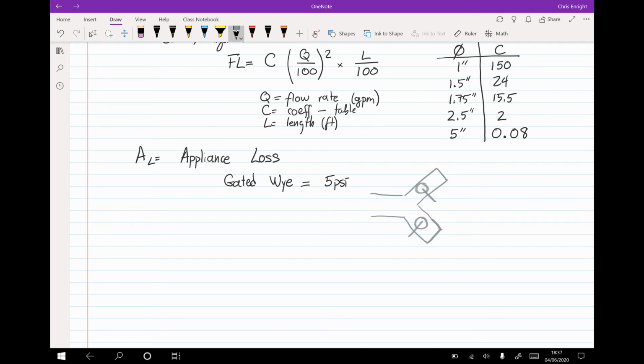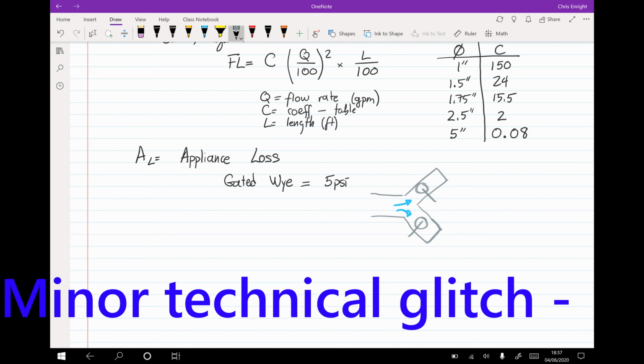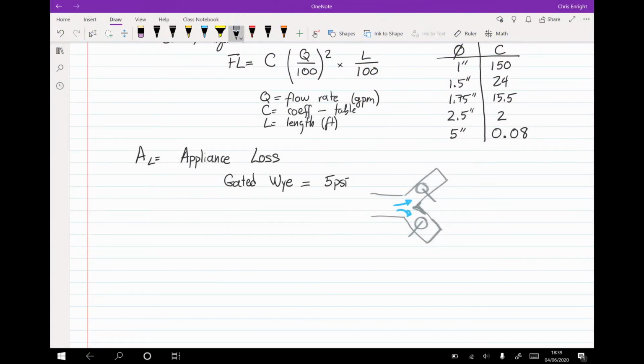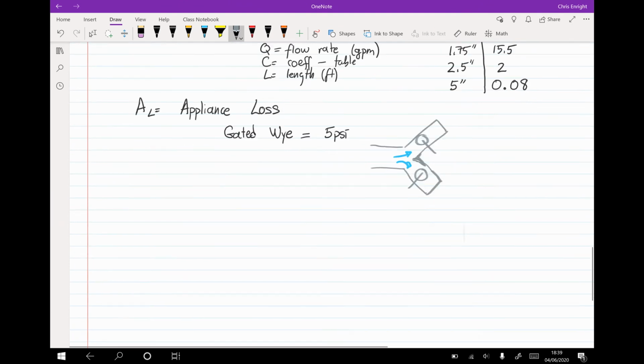So there's 2 valves on the side, and you can open it up, close it. That's about a 5 psi loss because it's hitting a solid surface, or a relatively solid surface. Obviously, if you're making these, you're doing as good of a job as you can to smooth that edge and to smooth that corner right there. So alright, so gated Y, about 5 psi loss at the appliance itself.